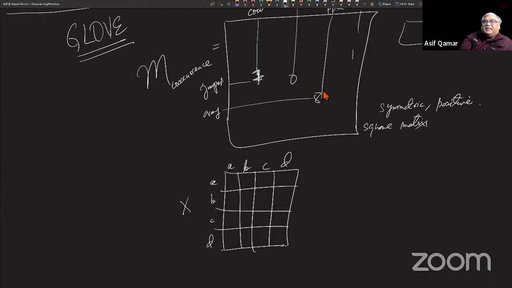So now if I ask, what is the probability of seeing D show up next to A? What you can do is ask, how often did A show up? This is how many times the word A occurred, doesn't matter in the company of which other word. Would you agree that if I add up the columns, I'll get how often the word A occurred?